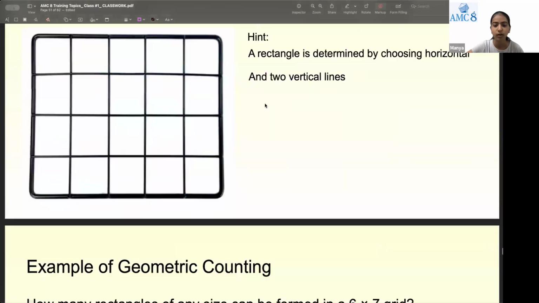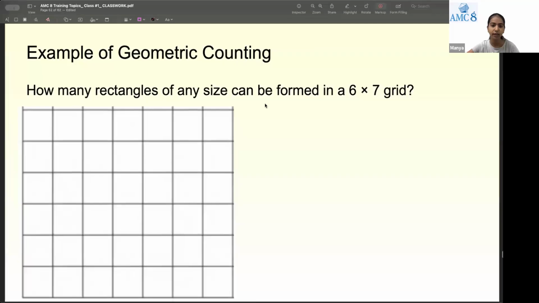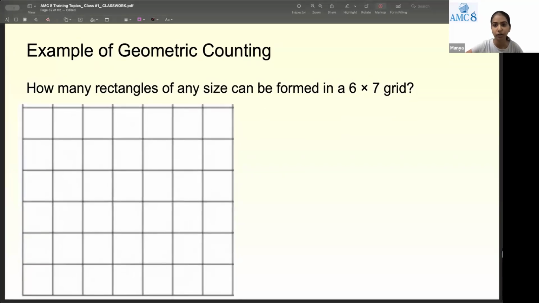Okay, so if no one has any questions, then if you want, you can try solving this problem on your own. I'll give you 2 minutes to solve this problem. And if you have the answer, then you can type it in the chat.